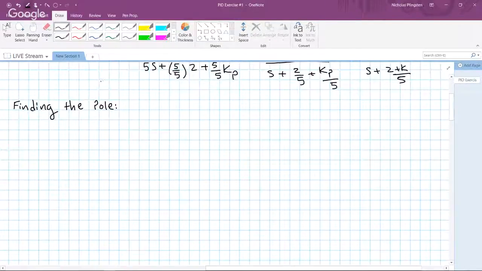We're going to get 5s plus 2 plus 38 equals 0.